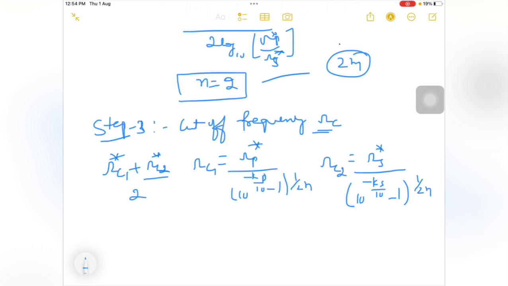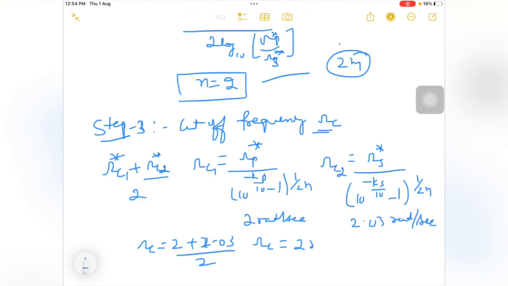You can calculate: you will get 2 radian per second and around 2.03 radian per second. So omega c is 2 plus 2.03 by 2, you will get omega c as 2 radian per second.